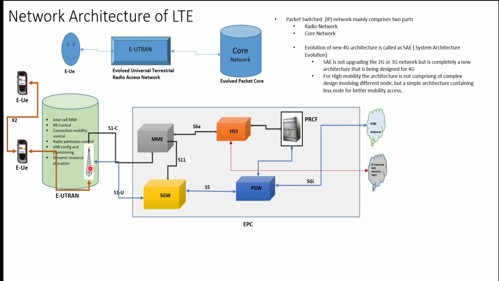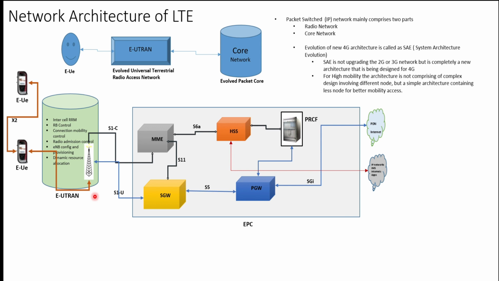Now dynamic resource allocation is what? In order to have load balancing of the users or of the higher usage applications, EUTRAN will be able to segregate that and allocate resources based on the actual usage. How the load balancing has to happen, it takes care of that.